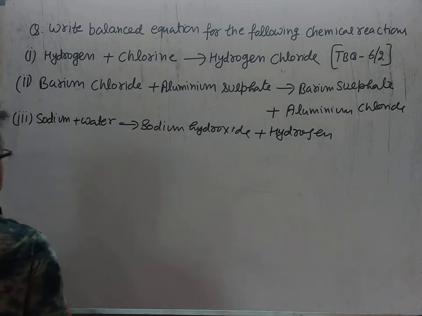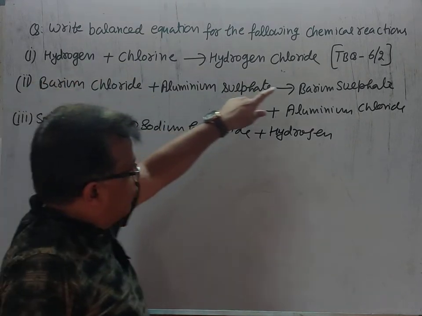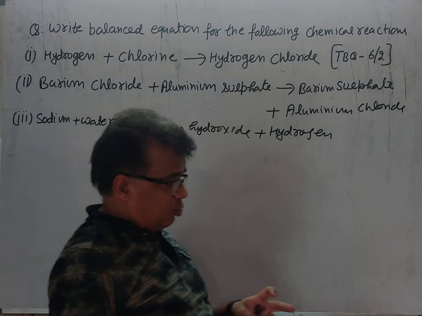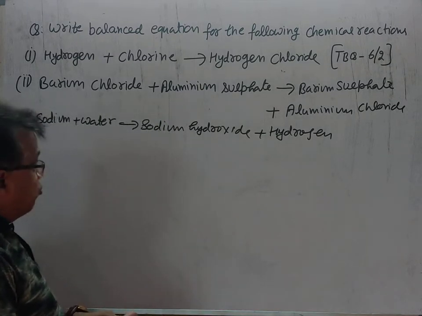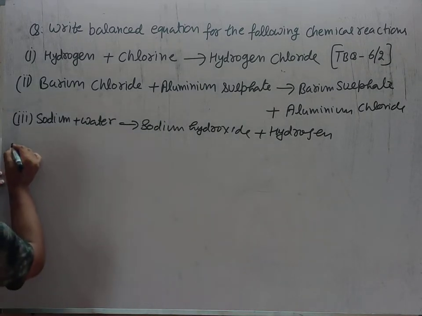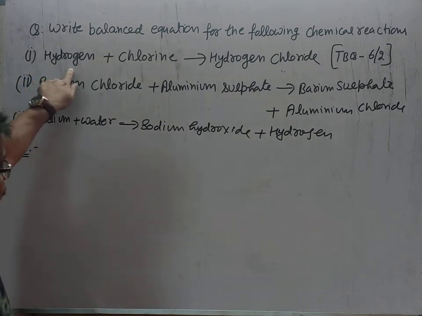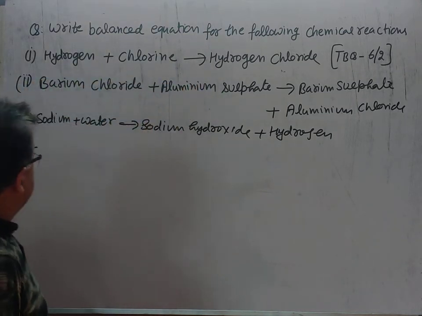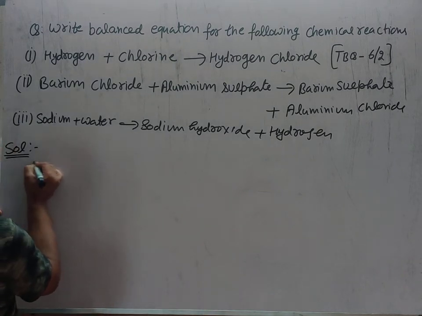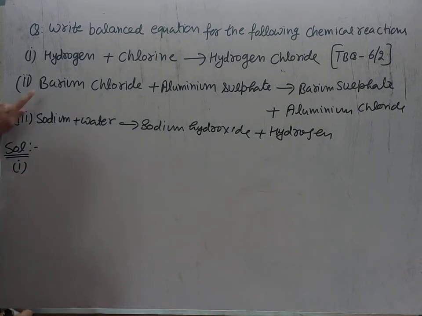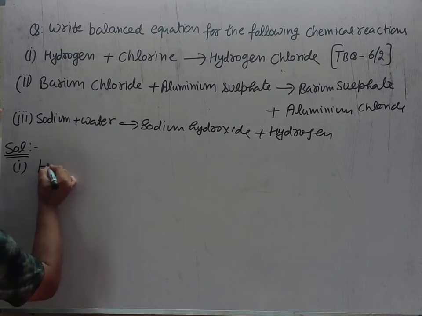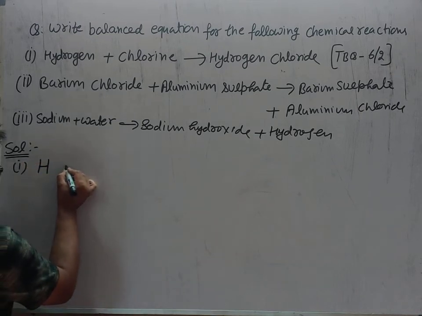So now, as I told, it is a question of the textbook, page number 6, question number 2. We have to solve these questions, or we have to write these. It is a word equation. We shall write it as a chemical equation. First is hydrogen, that is H, reacts with chlorine.